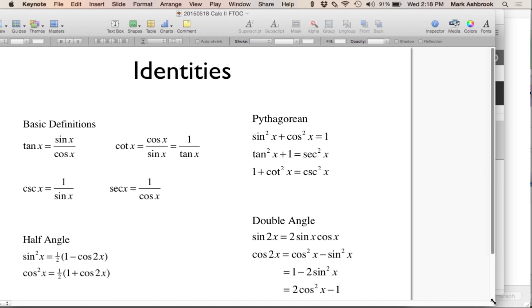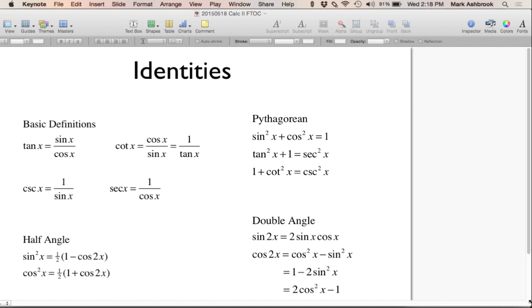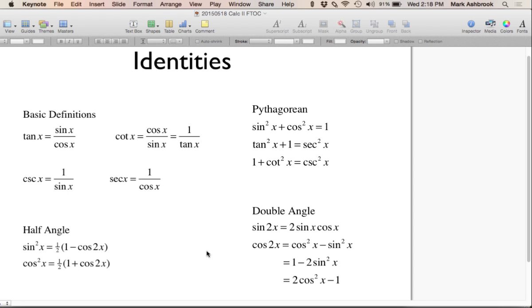So here's a list. I'll post this on Blackboard, but I'll just leave it up here for now. These are the most important trig identities that you're going to need to solve these integrals. So let's talk about a general strategy for solving them.